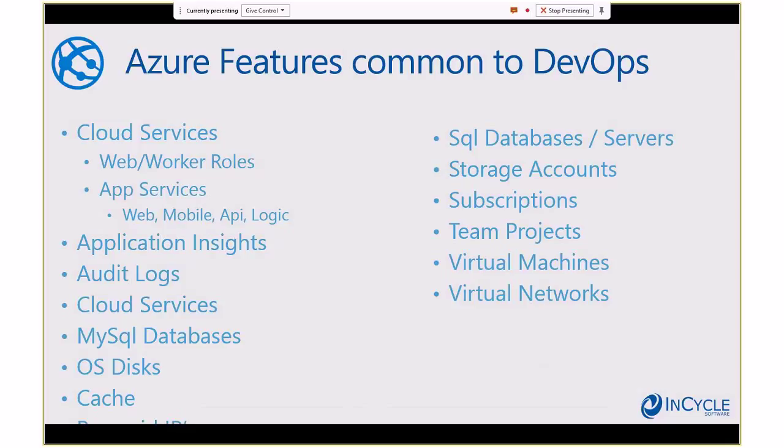So some of the features that are common within Azure to DevOps are, quite frankly, most of the features. Cloud services, when you consider web and worker role applications, are the traditional approach to developing and deploying applications in Azure. App services, which is the preferred way today, include web apps, mobile apps, API apps, and logic apps.